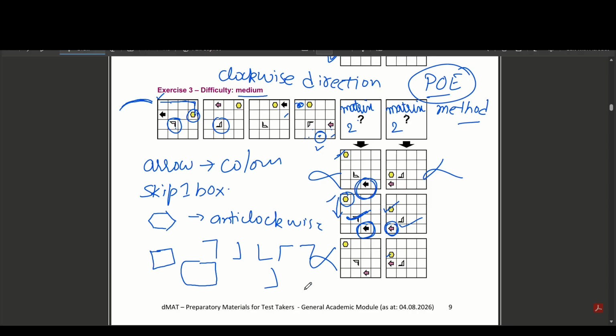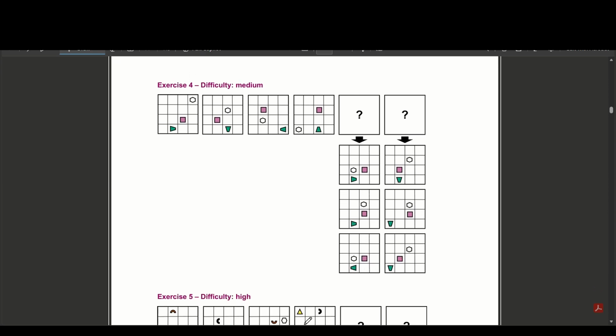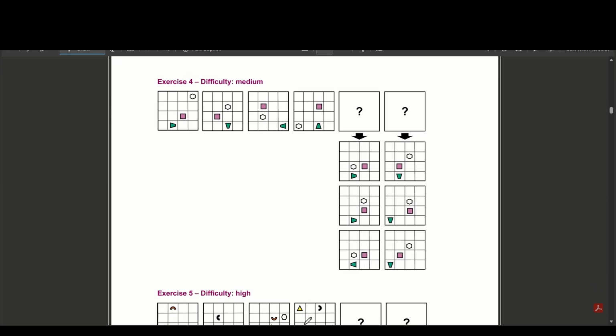Now we are going to come to the next question, the fourth question here. In the fourth question, first of all, this shape is there, it is moving diagonally, so it will again move diagonally. From here, if it is moving diagonally, it will come down.